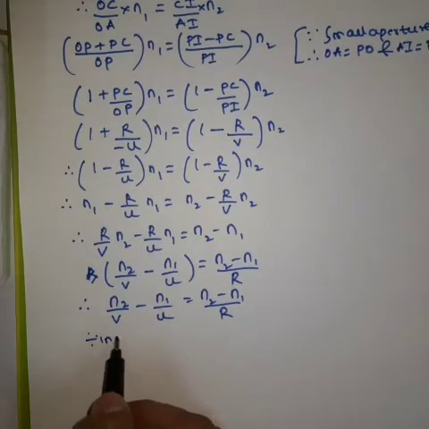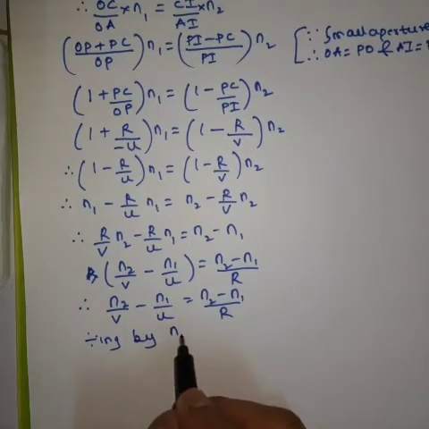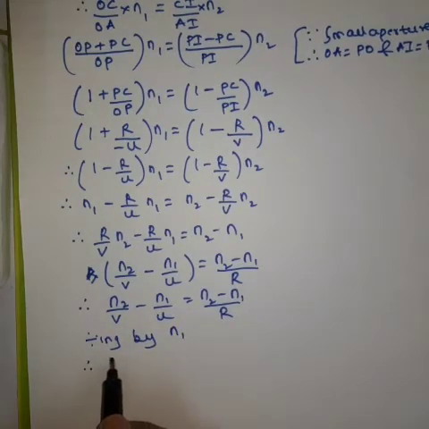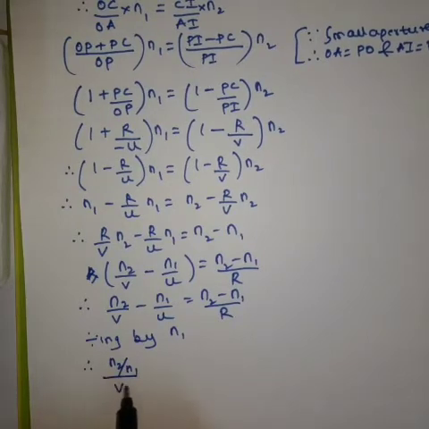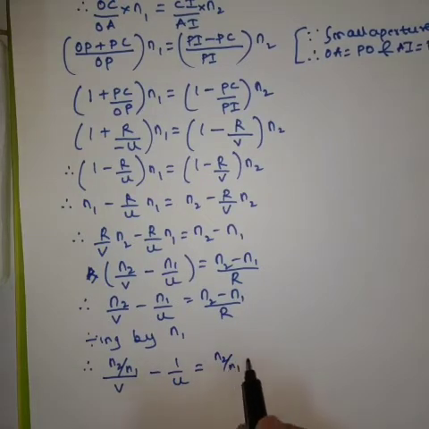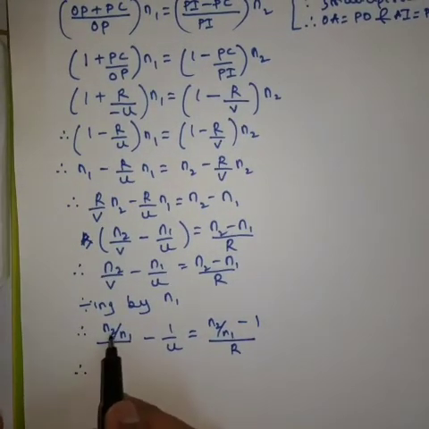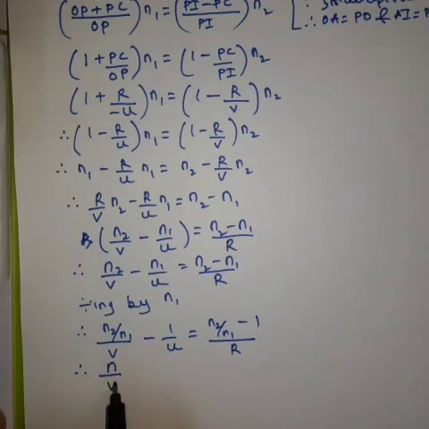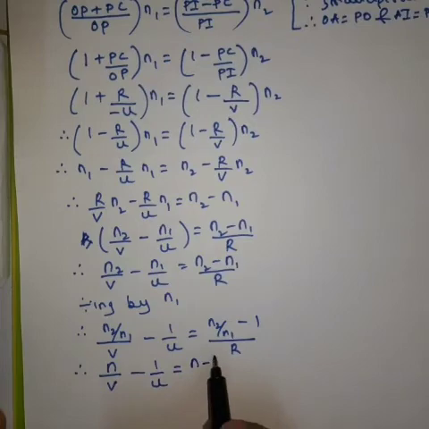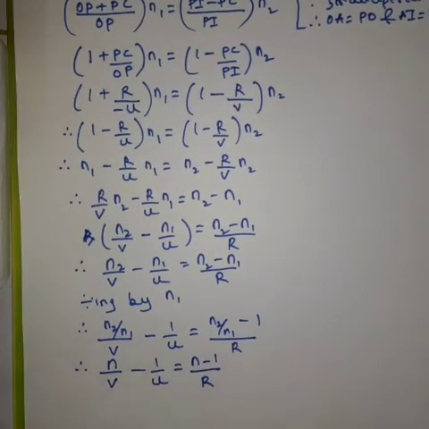So dividing this equation by N1, what we get is N2 upon N1 upon V minus 1 by U equals N2 upon N1 minus 1 upon R. Now N2 upon N1 is nothing else but the refractive index of medium 2 with respect to 1, so I write this as N upon V minus 1 by U equals N minus 1 upon R. And this is the other form of the equation.